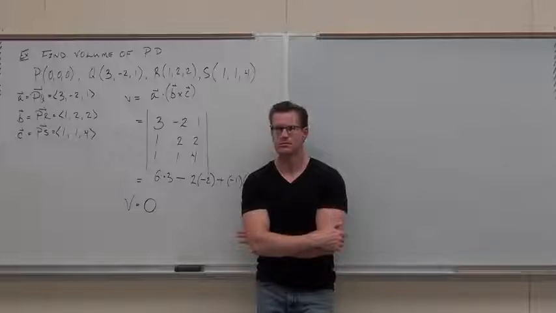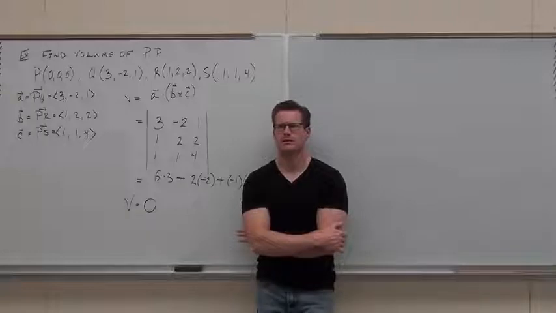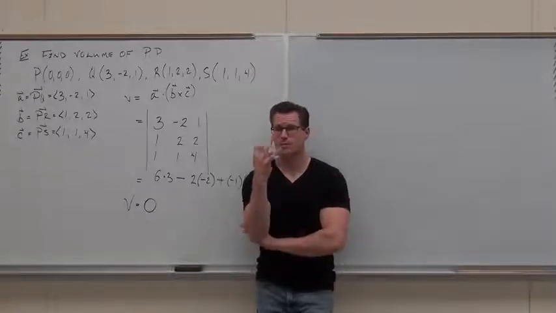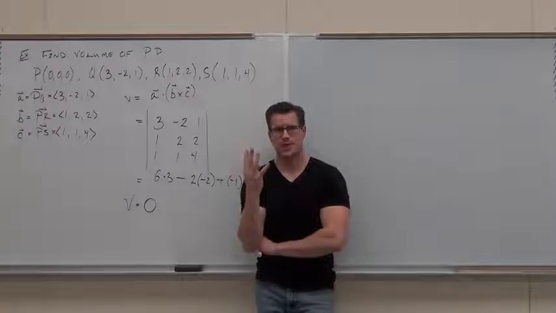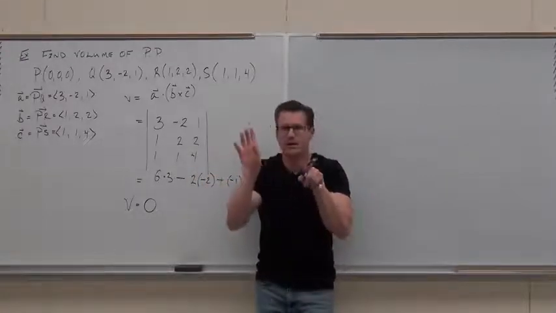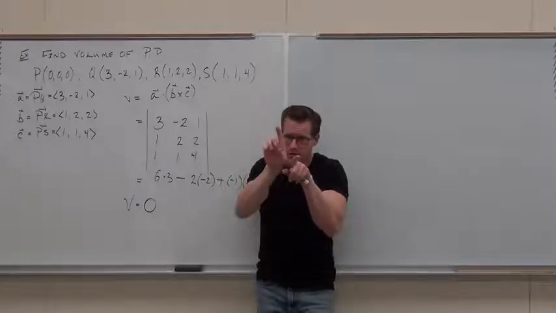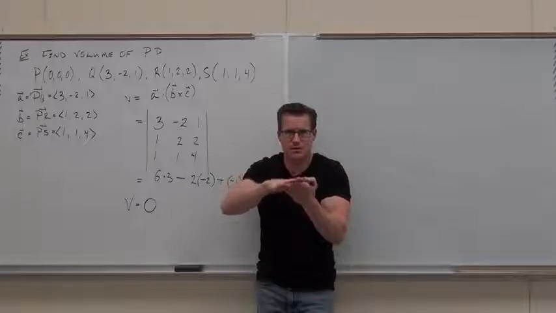It'd be a plane, which means that its height would be 0. Okay, which means what? If you have 4 points and you do this thing where you make this and you get the volume is 0, which means the height is 0.